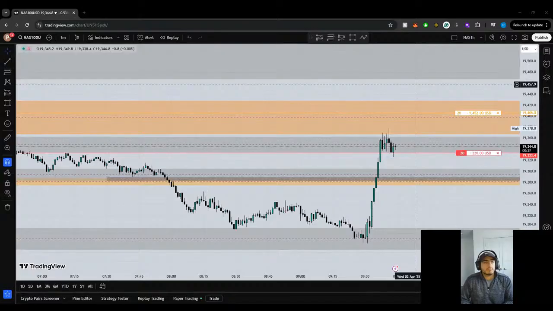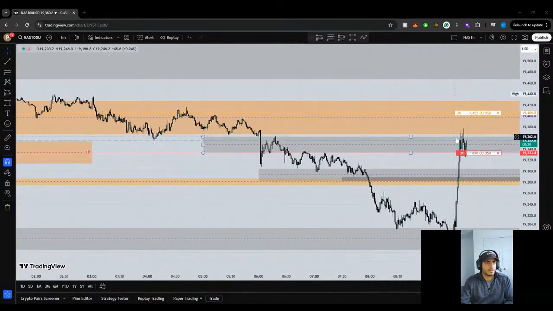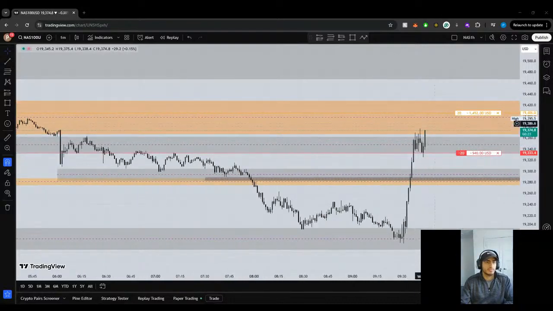Not much to say really this morning, so staying quiet, seeing how it reacts to this last SIBI fair value gap. That's probably going to hit my stop loss right here.